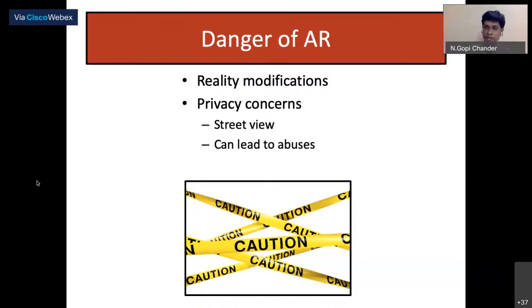You can directly get into Google Maps and knock on the doors of the houses, whereas it is limited for us because of the abuses and other issues that can happen. So these dangers are also there in the augmented reality system.